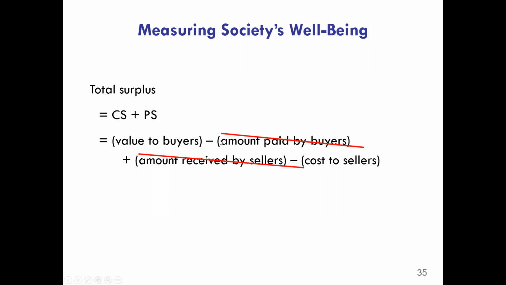And so since one is negative and one is positive, they will cancel out, leaving us with the value to buyers and the cost to sellers. In effect, the formula for finding total surplus is the difference between the value to buyers and the cost to sellers.